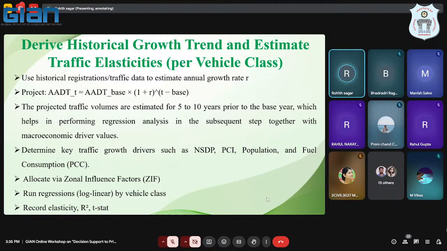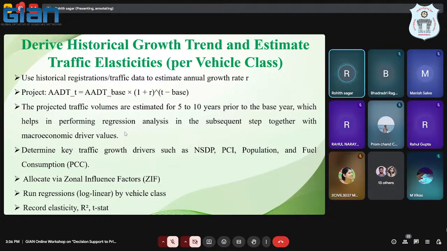So by taking that growth rate, we can estimate the back calculated traffic at a particular year, that is 2015 or 2016, any year that we can estimate by using this formula. So then we need to compare it with NSDP, PCI, population, and fuel consumption.